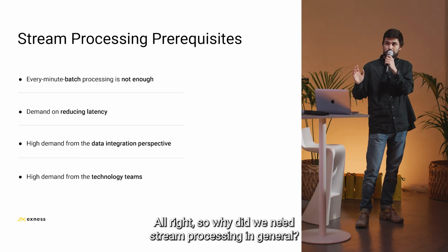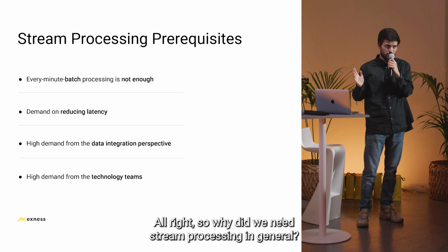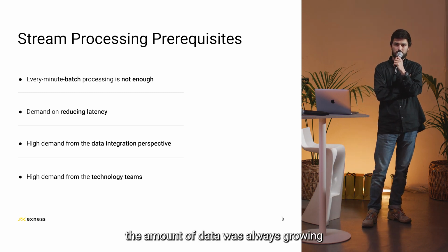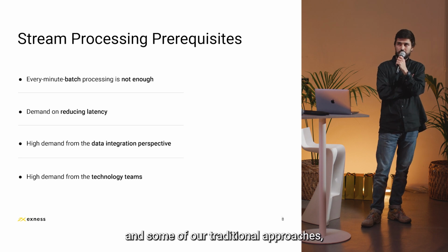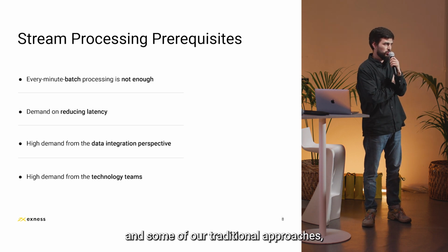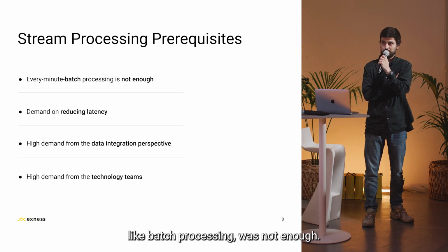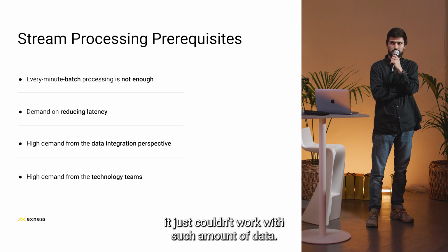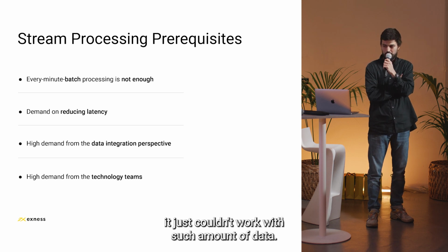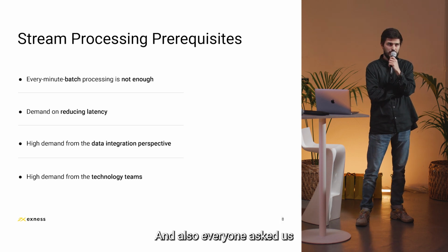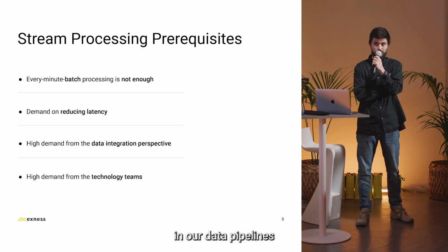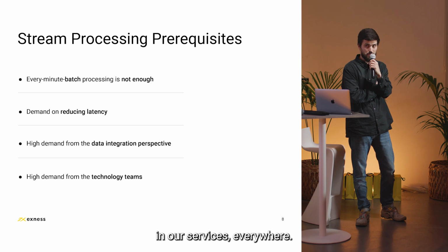All right, so why did we need stream processing in general? First of all, as I mentioned, the amount of data was always growing. And some of our traditional approaches like batch processing were not enough. Even if you run it every minute, it just couldn't work with such an amount of data. Also, everyone asked us to reduce latency in our data streams, in our data pipelines, in our services, everywhere.